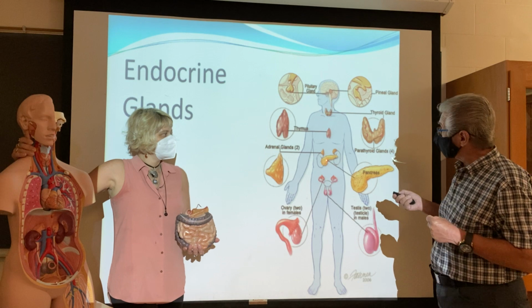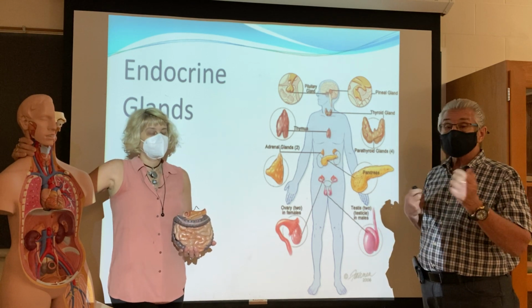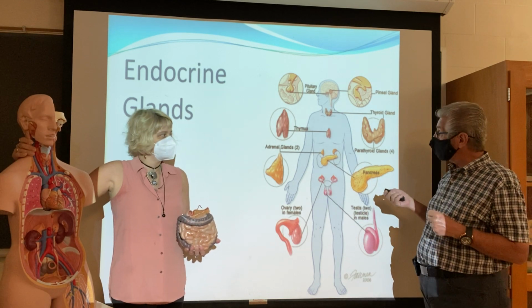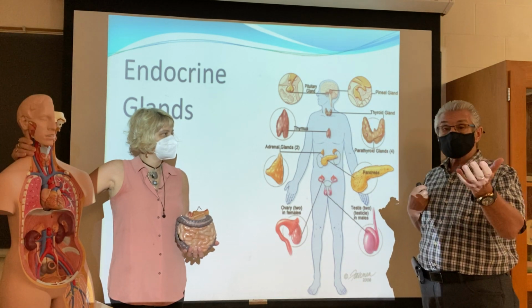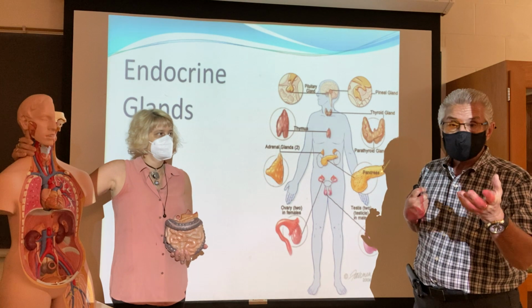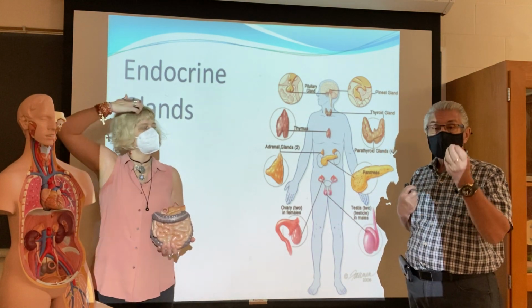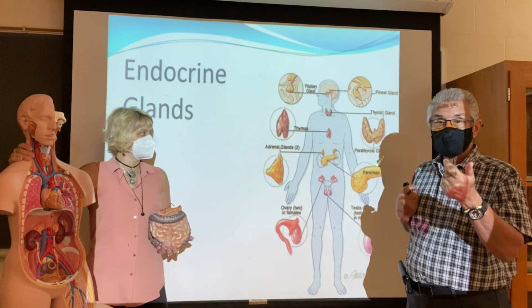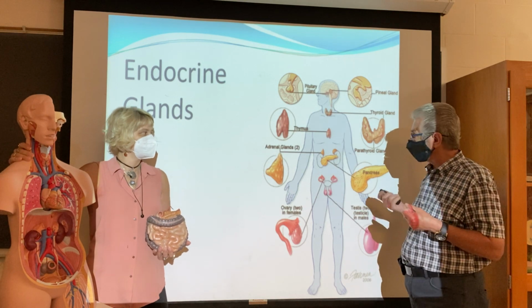The other reason it's a dual gland is because it is also an exocrine gland. In this particular case, we have the pancreatic duct, which secretes digestive enzymes to break down all the different types of food materials, proteins, carbohydrates, and fats or lipids.